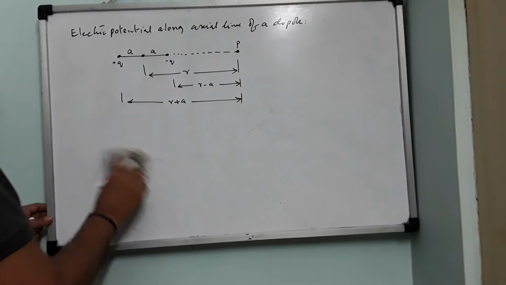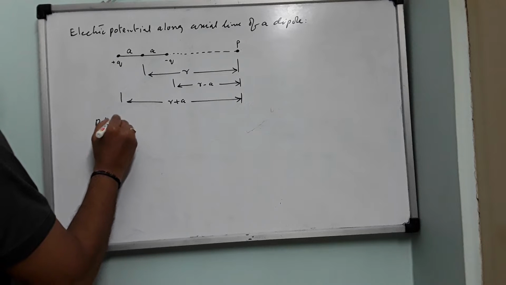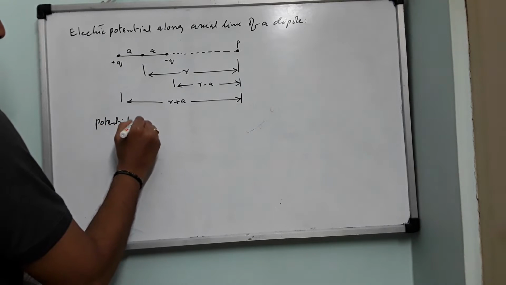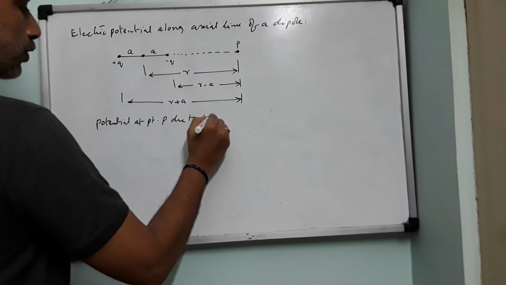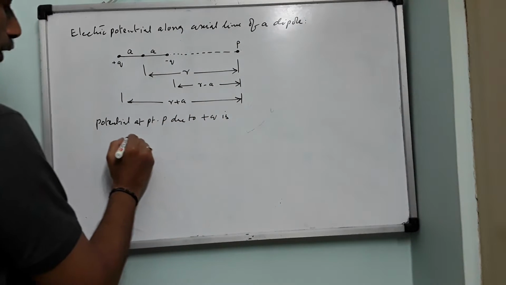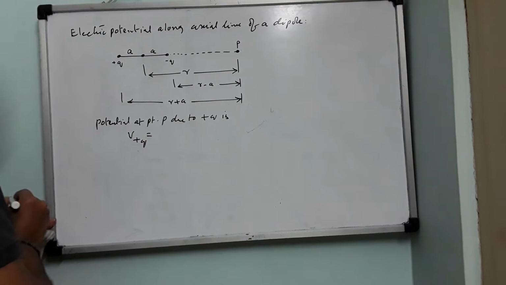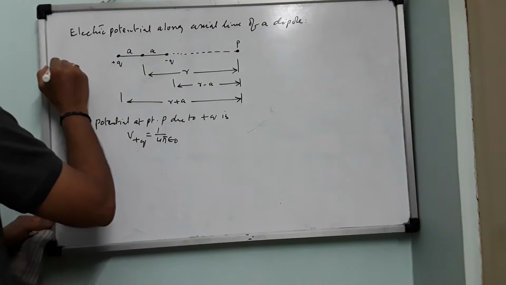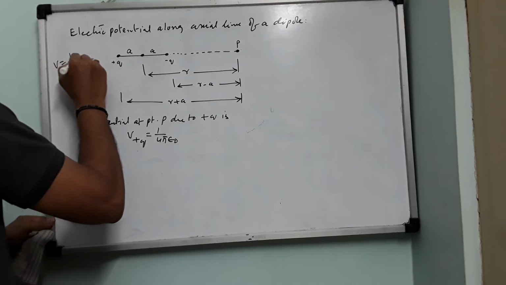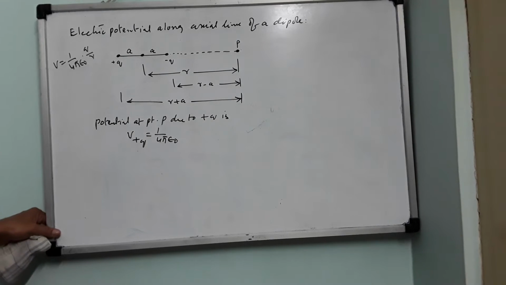Let me make the statement that potential at point P due to charge plus Q is V due to plus Q equals 1 by 4 pi epsilon 0 into Q by R, because we made this derivation yesterday, where R is the distance of the point of calculation from the source charge.